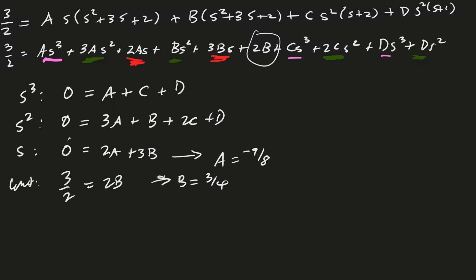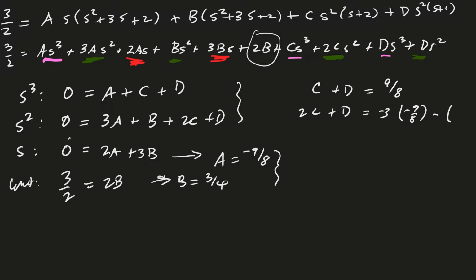Okay. And now if I plug these two numbers into these two equations, I get that C plus D is equal to minus A, which is 9/8. And then I get 2C plus D is equal to minus 3 times A, minus 9/8, minus B, which is 3/4.